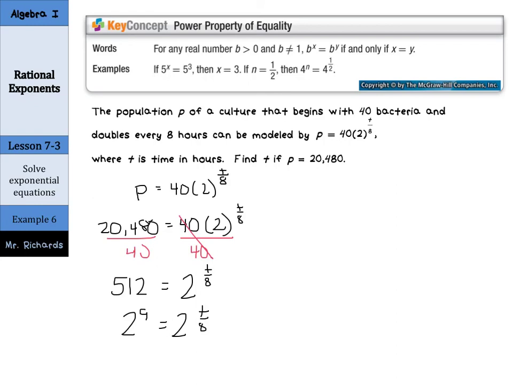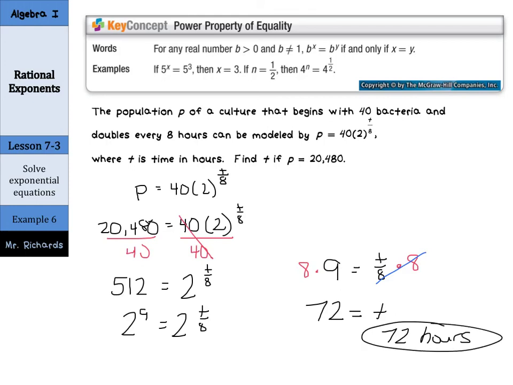And now that we have our bases the same, we can say, all right, 9 is going to equal t over 8, or t divided by 8. And to simplify this, all we need to do is multiply by 8 on both sides, as this will cancel, and we're left with 72 equals t. So our answer, since t is in hours, is 72 hours.